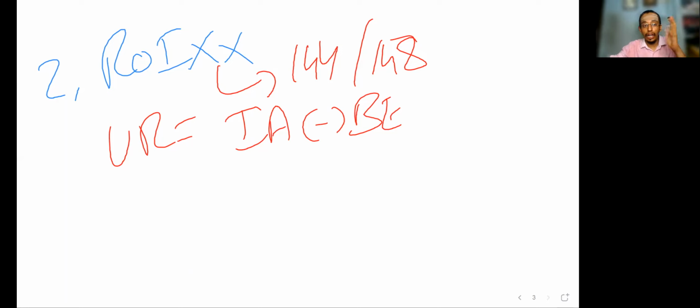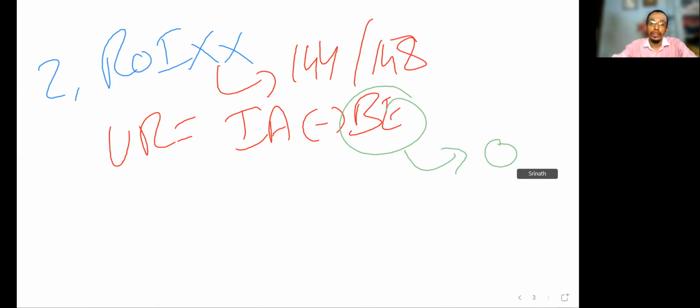In case there is no basic exemption, for example in case of an individual we will have basic exemption, but in case of company, AOP, BOI, partnership firm, then this should be zero.